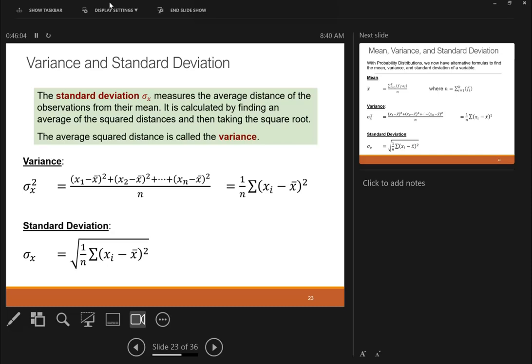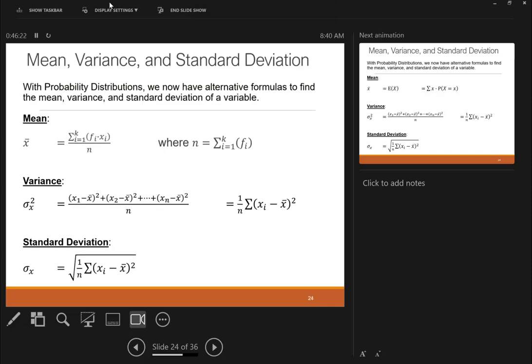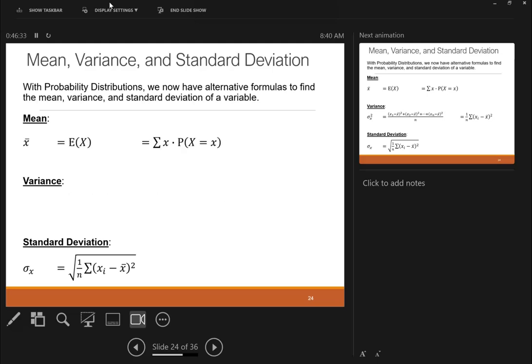What we're going to do now is translate these into the language of random variables and probabilities. You guys okay with that? Now I've included the mean in the same format as before. We want to take these and put them into the language of a random variable with a probability.